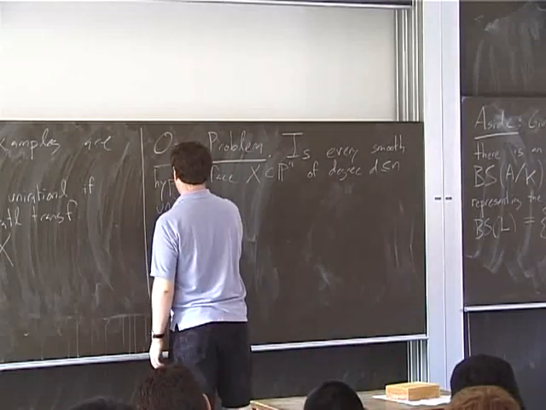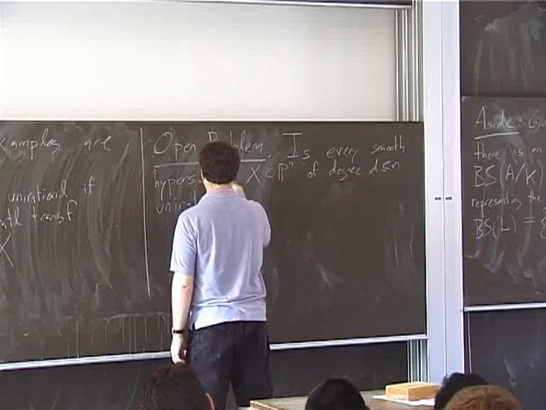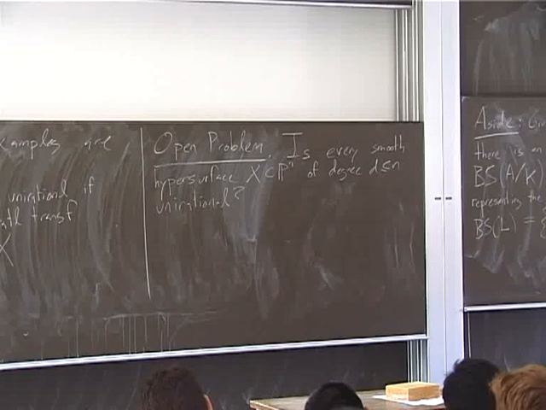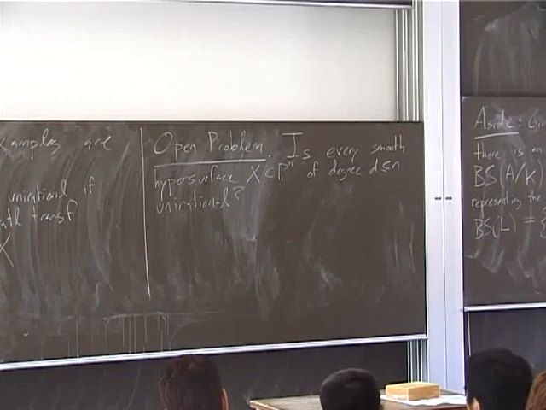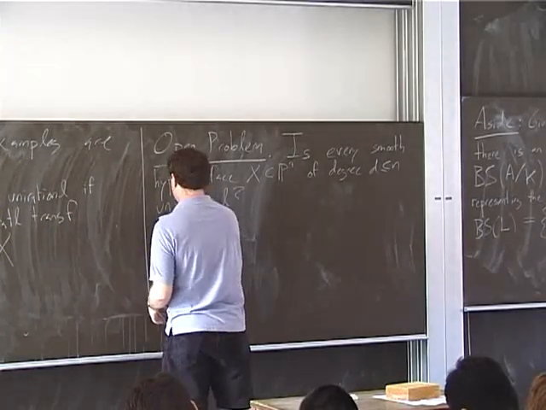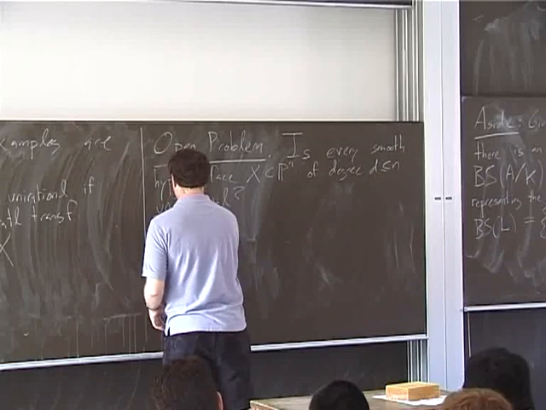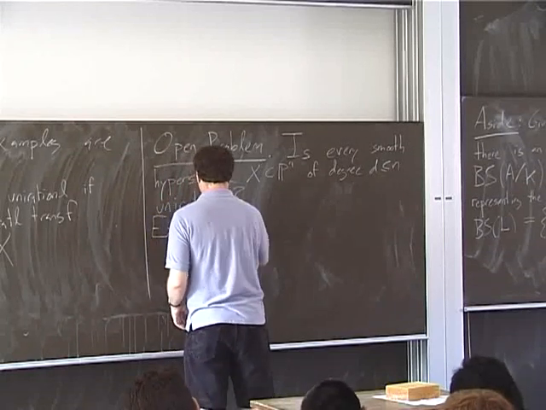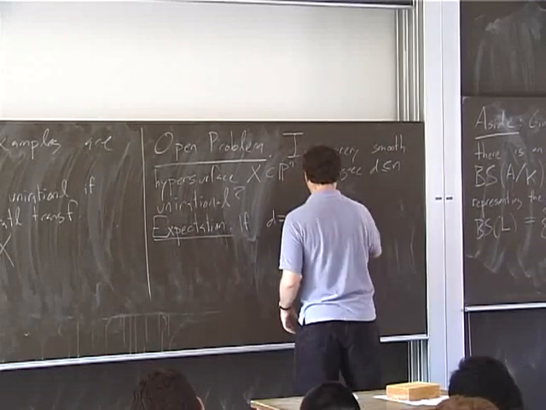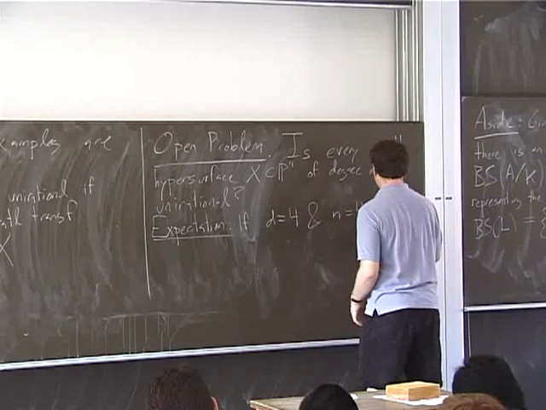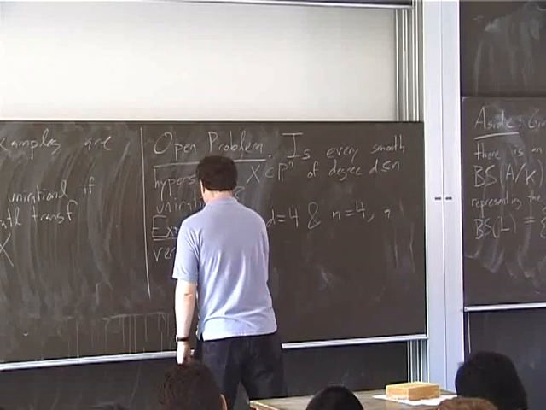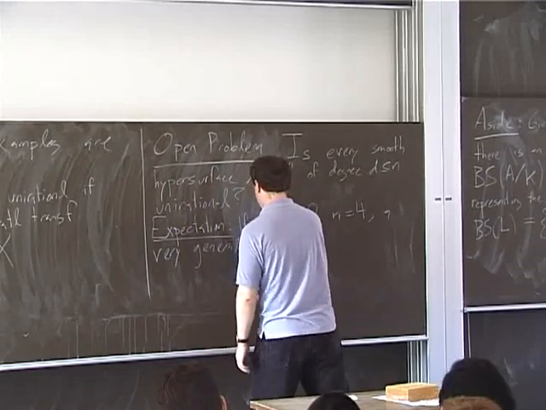And I think Fano, quite a long time ago, conjectured that they are not all unirational. I can tell you the lowest case where they're expected to not be unirational. The expectation is, if d is 4 and n is 4, a very general such hypersurface is expected to be not unirational. But we don't know how to prove that.